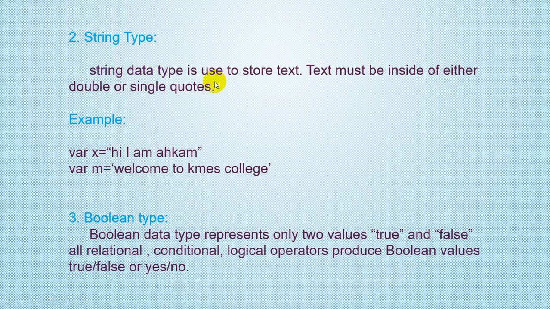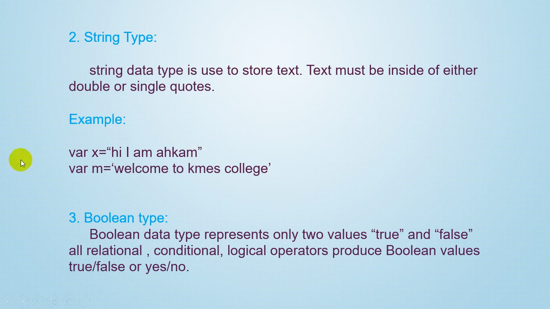So a collection of characters comes in the category of the string data type. And string values are written or saved with double inverted commas or single inverted commas. This line is very important: string values are stored, saved or declared in the form of double inverted commas or single inverted commas.